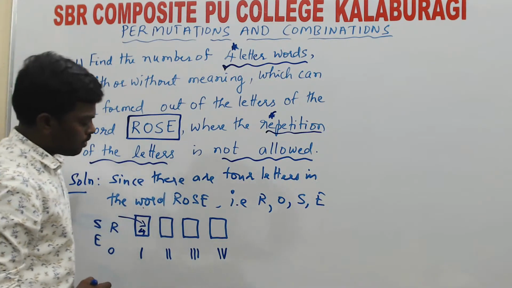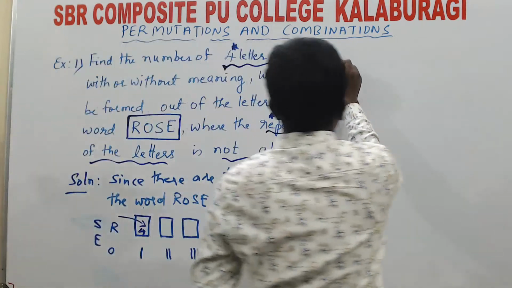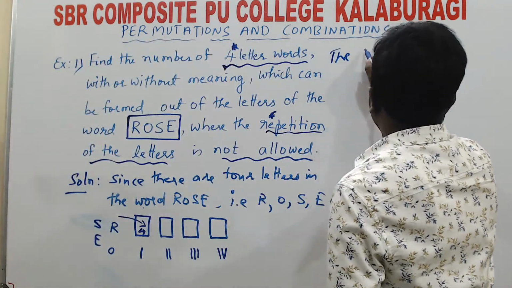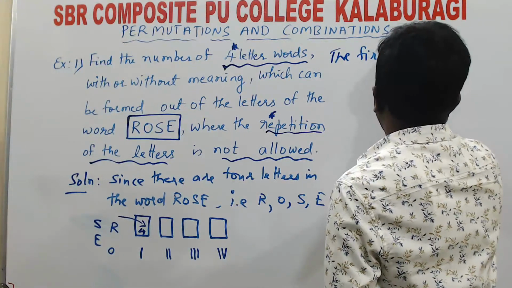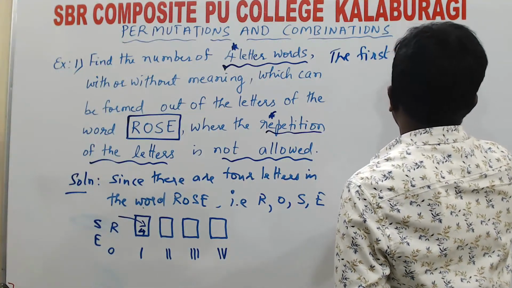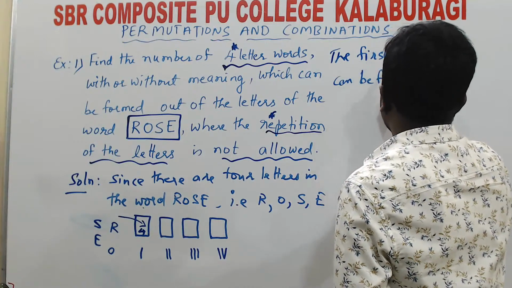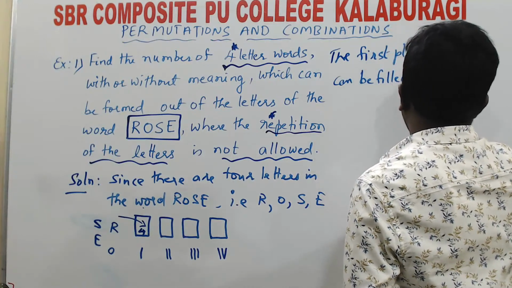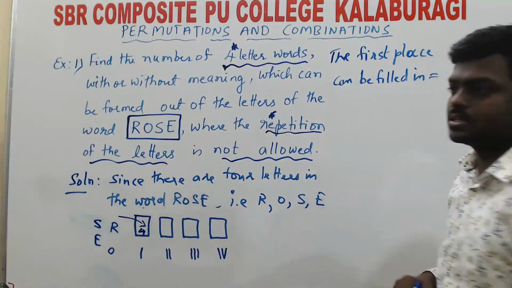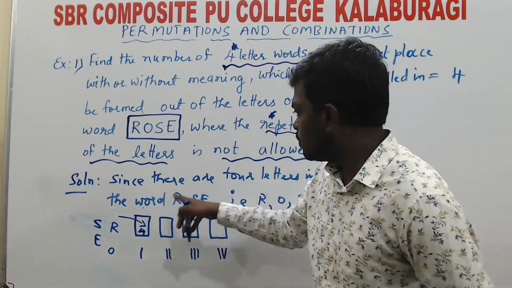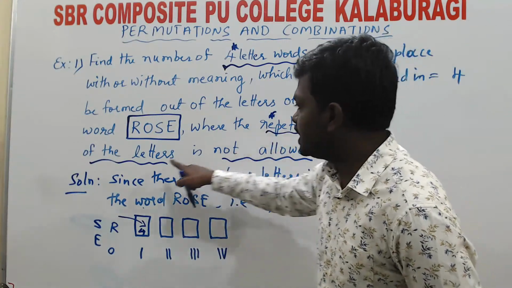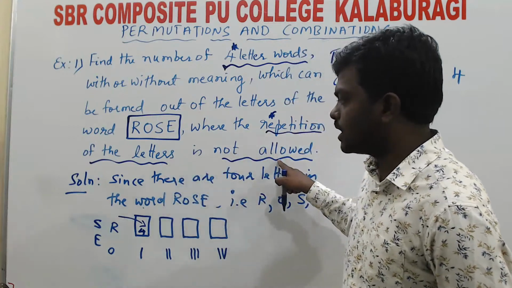Four options. The first place can be filled in four ways.